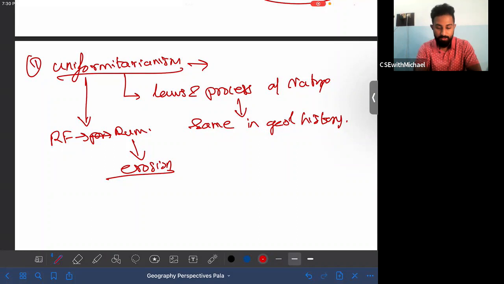Now the next one is the principle of mutual reaction. Mutual reaction means that organisms and the environment react with each other.